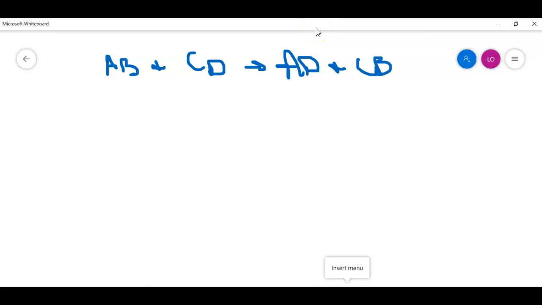But remember, the first one is a cation, so A can't go with the cation C. They're both cations. A can't go with C, so A would have to go with D. So if you look here, it's just double replacement, it's very descriptive. It's both of them are being replaced. Both of them, A, D, and C, B is being replaced.